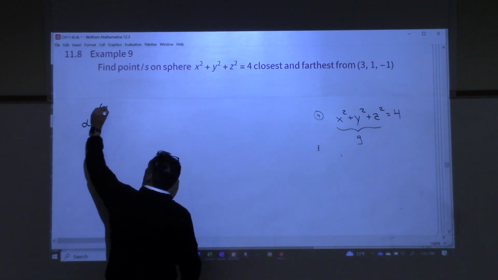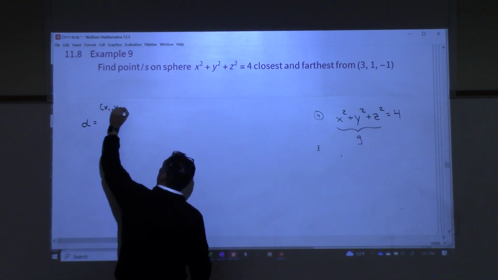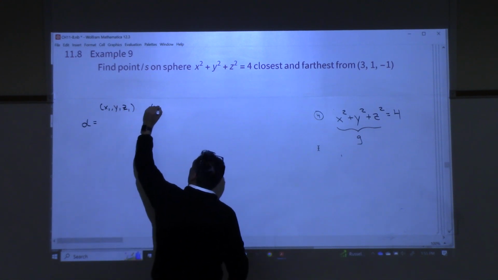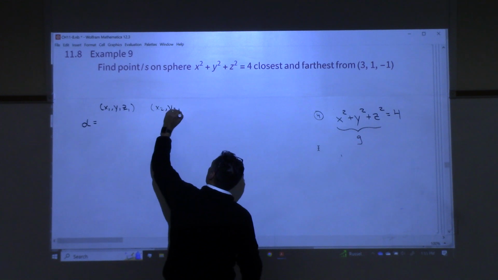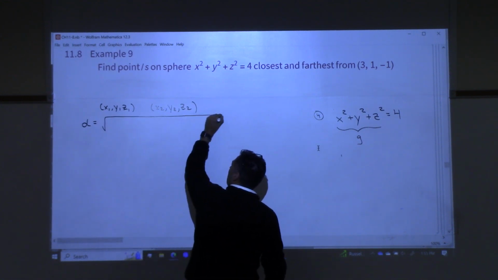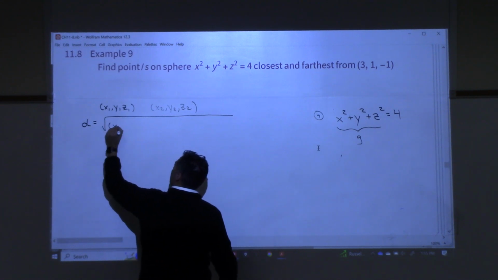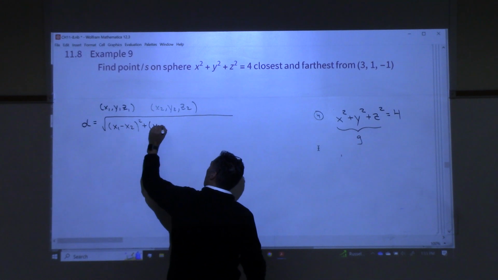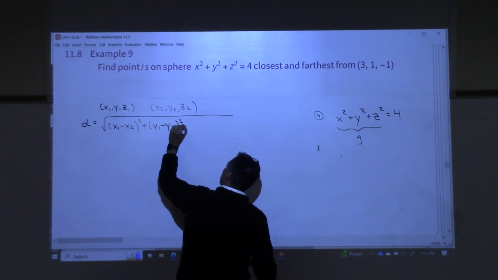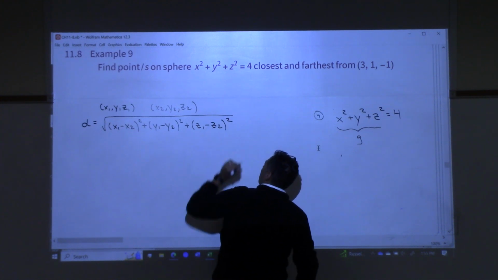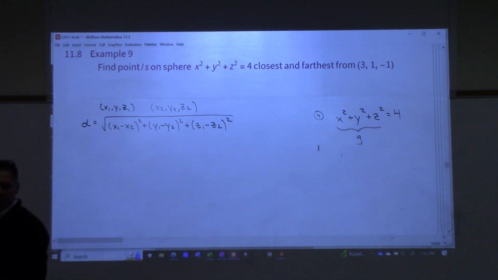So if I give you the point x1, y1, z1, and the point x2, y2, z2, the distance between those two is the difference of the x coordinates squared plus the difference of the y coordinates squared plus the difference of the z coordinates squared. That's from way, way back in the beginning of this class.